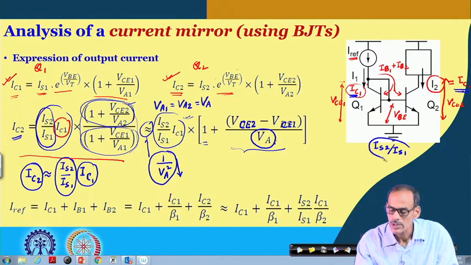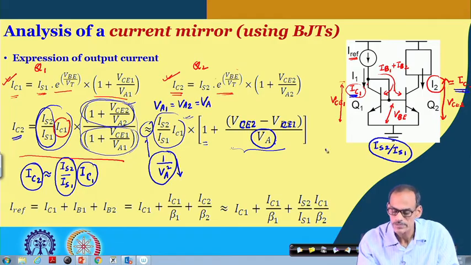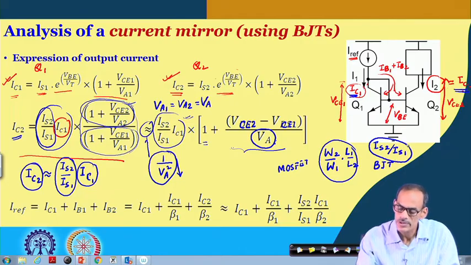In fact, in the previous current mirror, the mirroring ratio was W2 divided by W1 into L1 divided by L2. So, that was the mirroring ratio for the MOSFET current mirror, whereas for this case the mirroring ratio of the BJT version is defined by the reverse saturation current.